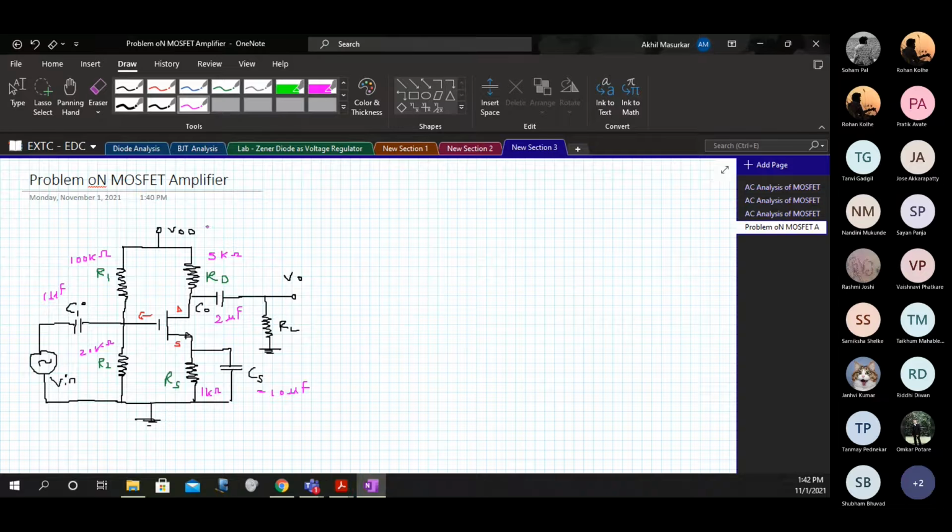And VDD we can take as 5 volts, and RL is 10 kilo ohms.